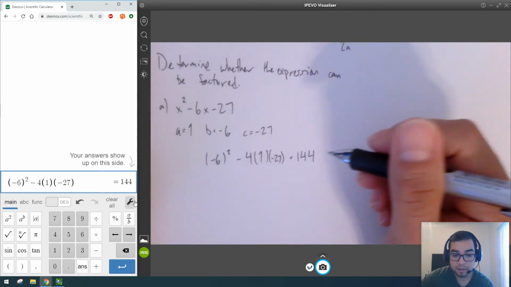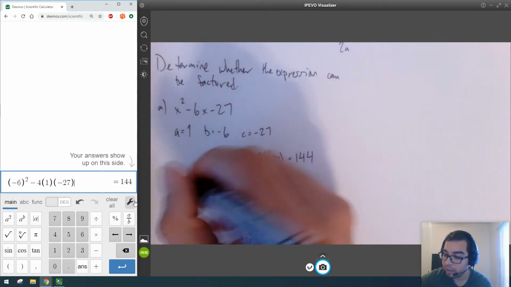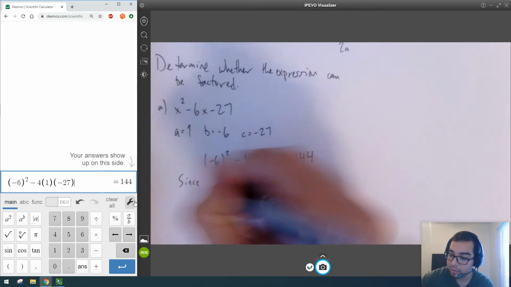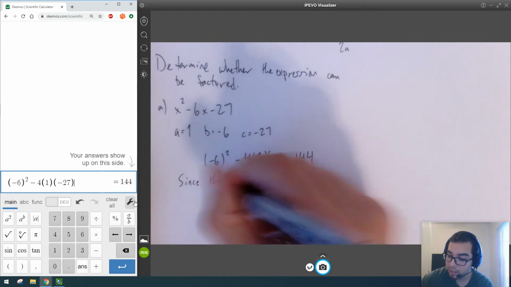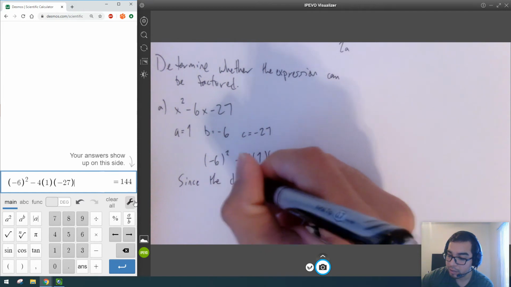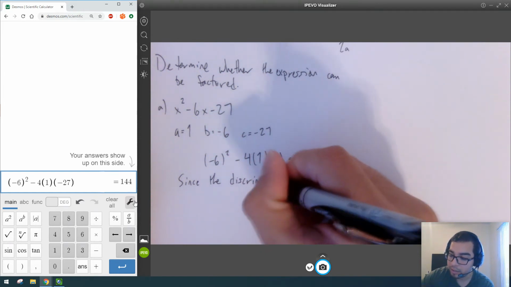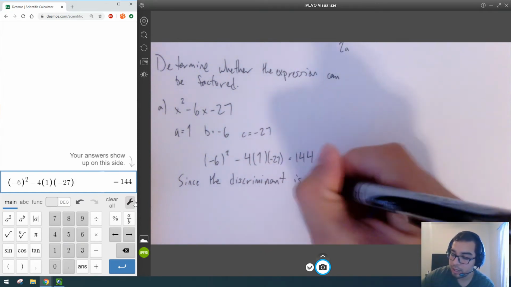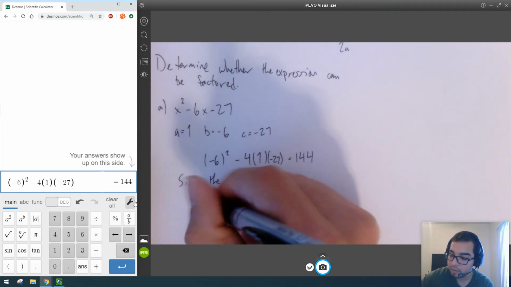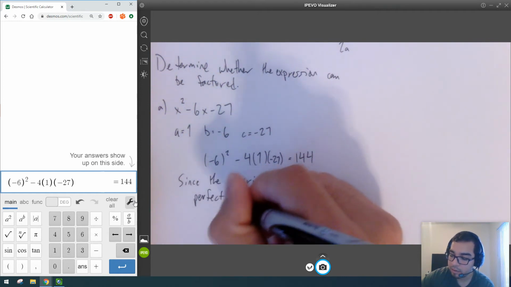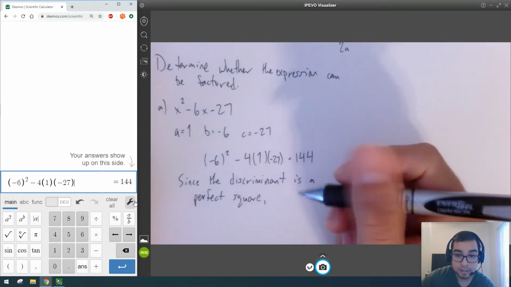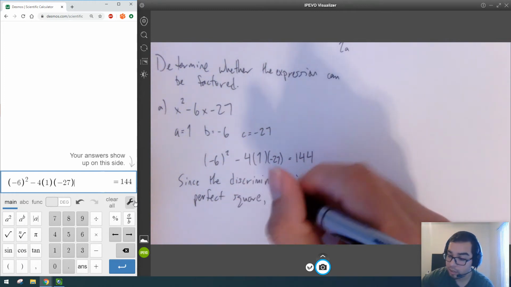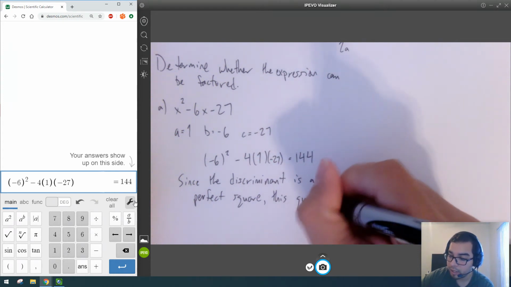Since that's equal to 144, that is a perfect square. Since the discriminant is a perfect square, I'm going to write a sentence: since the discriminant is a perfect square, this quadratic is factorable.